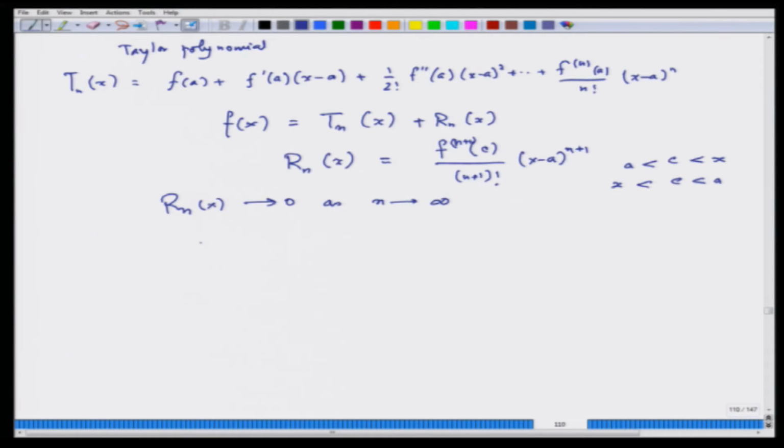Then we can show that for whatever x you choose within the radius of convergence, or in most cases for every x, f of x can actually be written as a Taylor series.